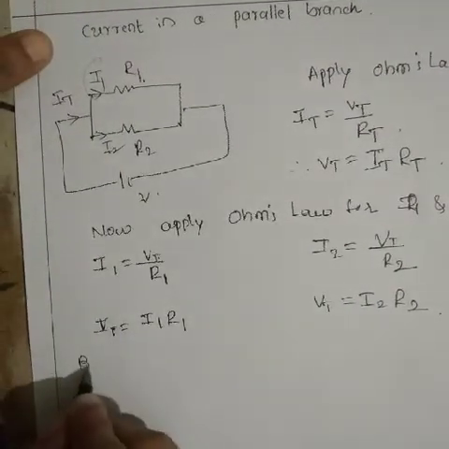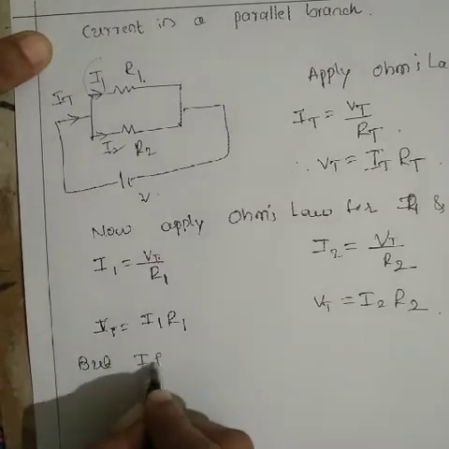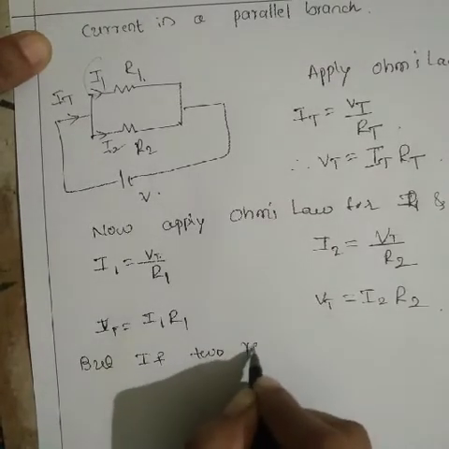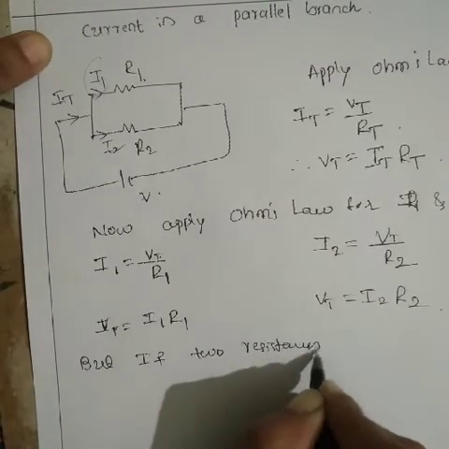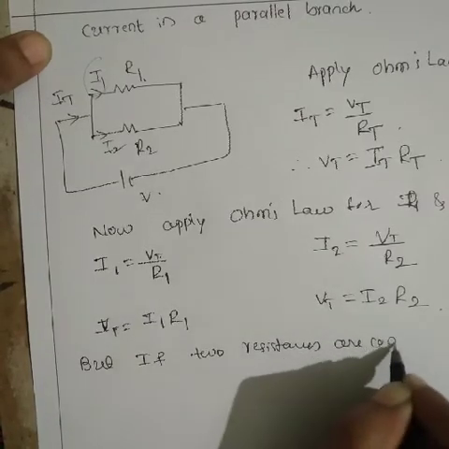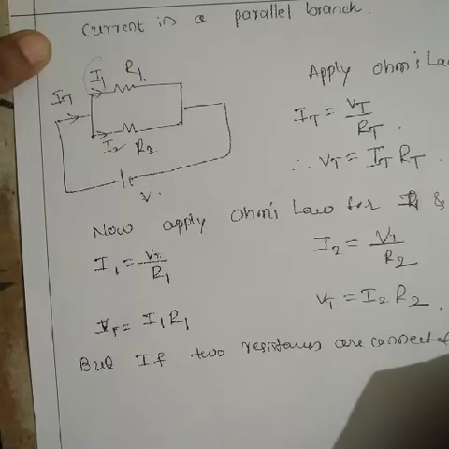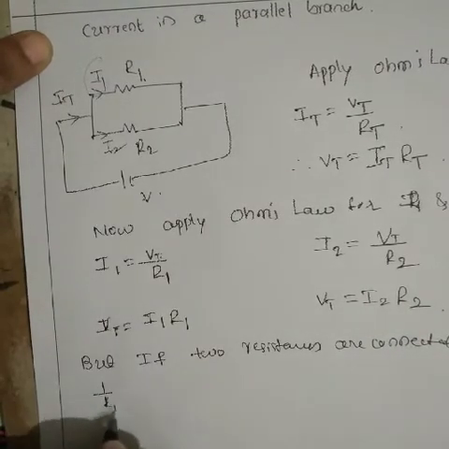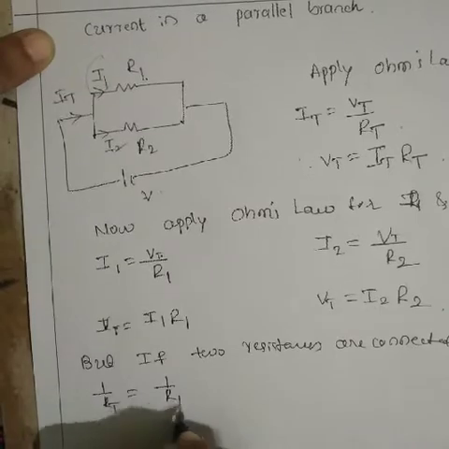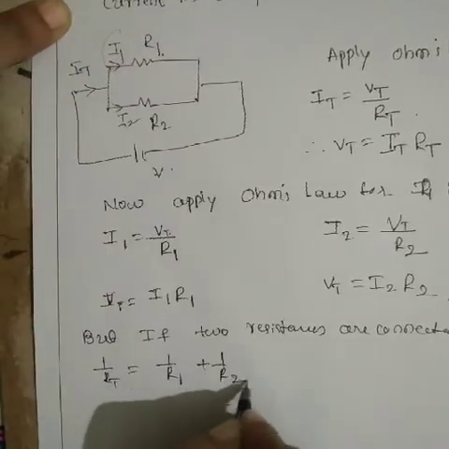But if two resistances are connected in parallel, total resistance RT is given by 1 by RT is equal to 1 by R1 plus 1 by R2.